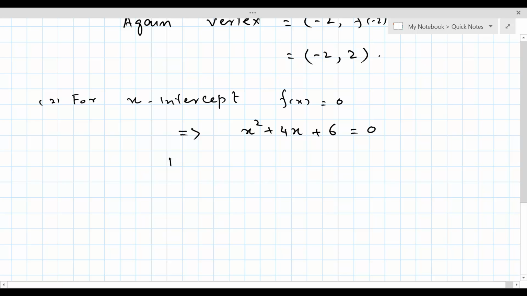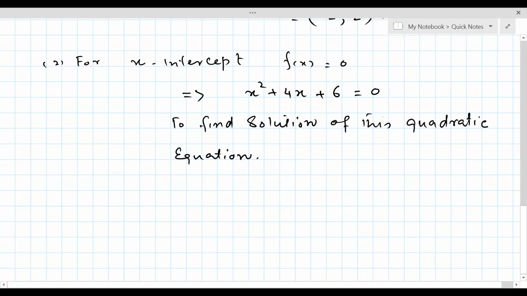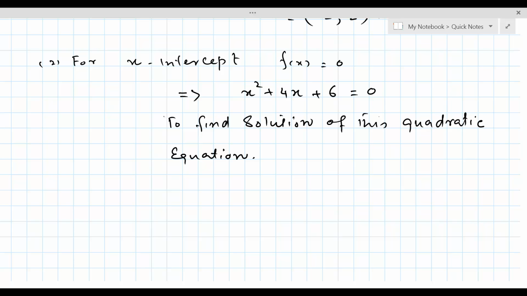To find the solution of this quadratic equation, it cannot be called a quadratic function anymore, because when you set the value of the quadratic function equal to 0, then the values of x which produce that value, that relation is called a quadratic equation.